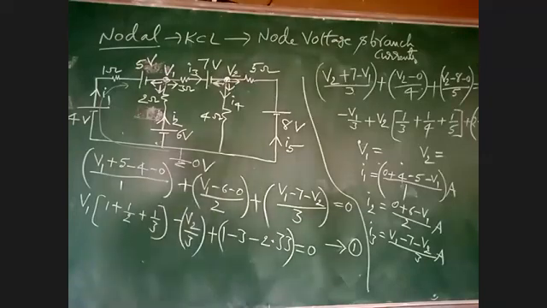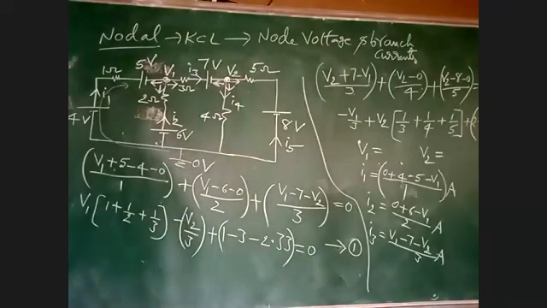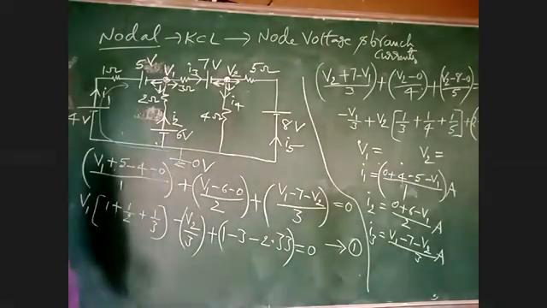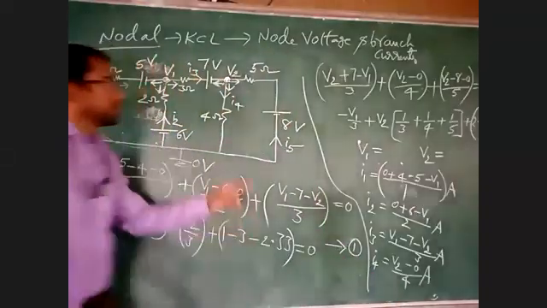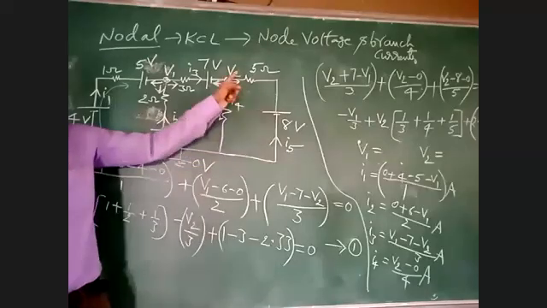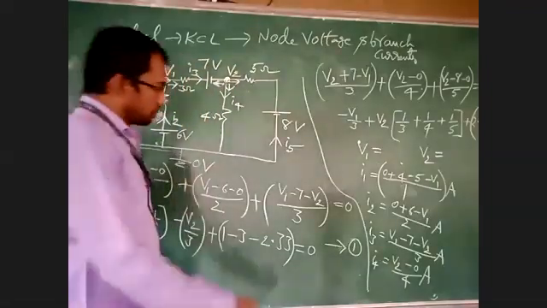Now we will go for I4. What is I4? V2 minus 0, V2 minus 0 by 4. Similarly, I5. What is I5? 0 minus V2 by, 0 plus 8 minus V2.